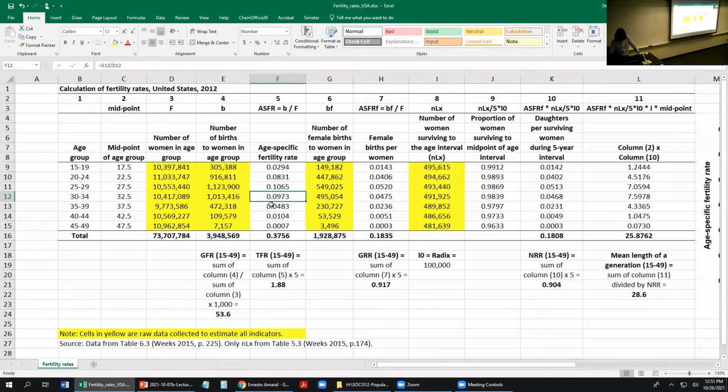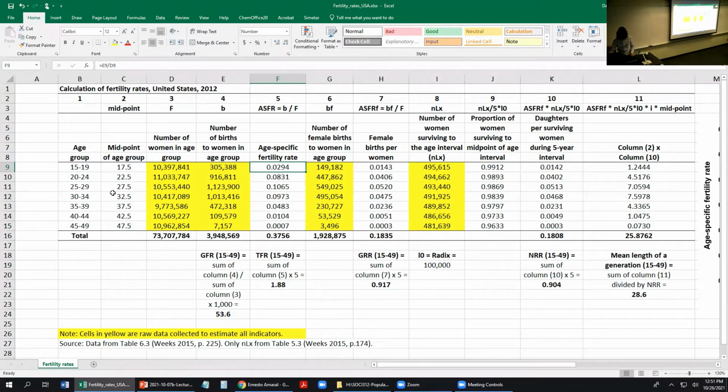Why do we multiply by 5? Because this chance of having children is for a woman between 15 and 19, for 5 single ages: 15, 16, 17, 18, 19. The same thing for the other age groups here.